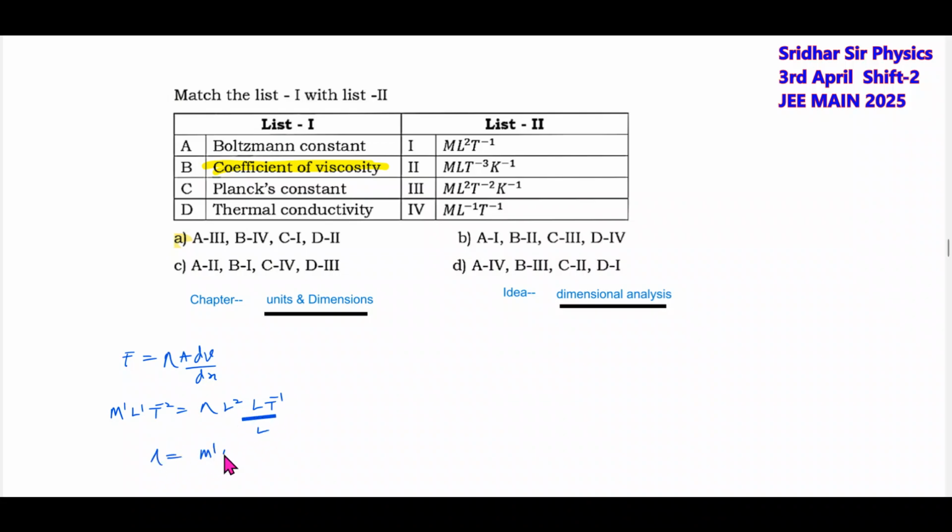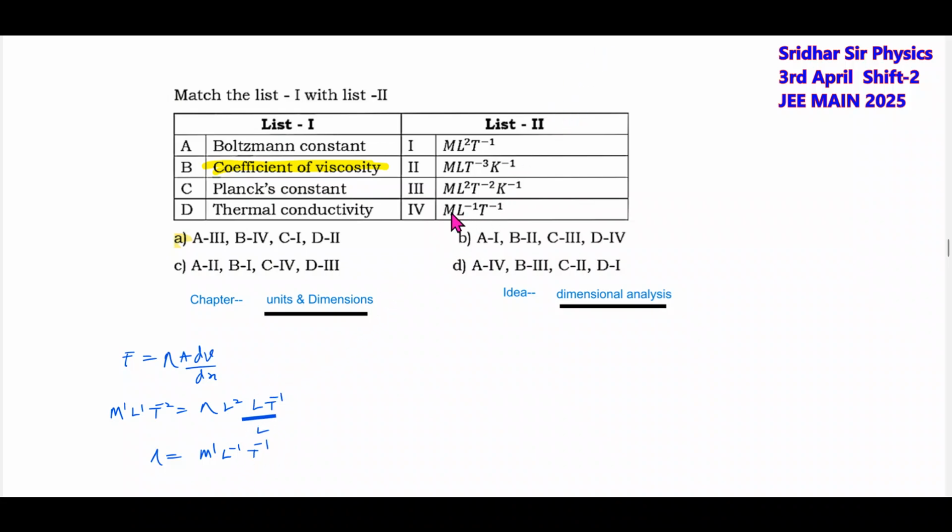So for the coefficient of viscosity, this L will get cancelled out, and here L minus 1, T minus 3. Coefficient of viscosity is M1, L minus 1, T minus 1.